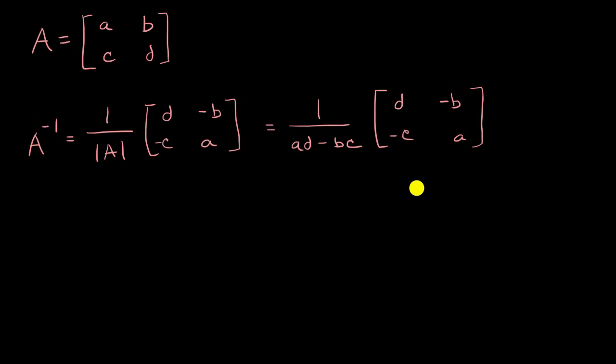Now, no matter what A, B, C, and D are, we can always find an adjoint matrix. But what's a situation where 1 over the determinant, we're not going to be able to calculate it? Well, a situation where the determinant of our matrix A is equal to 0. In that situation, we're not going to be able to calculate 1 over the determinant because that is undefined.